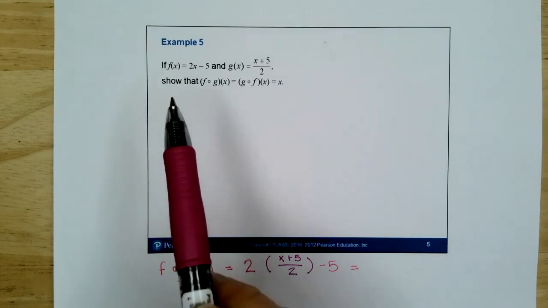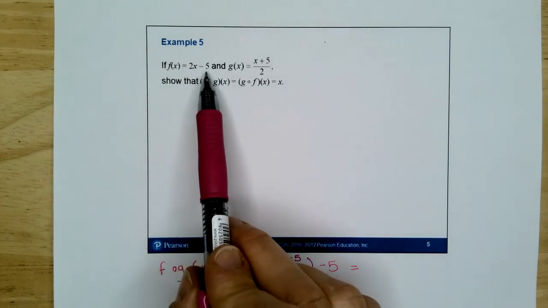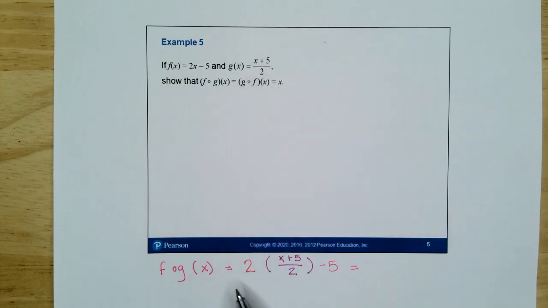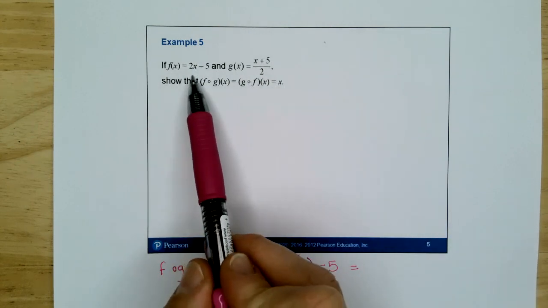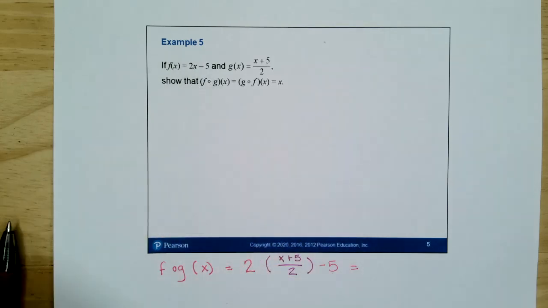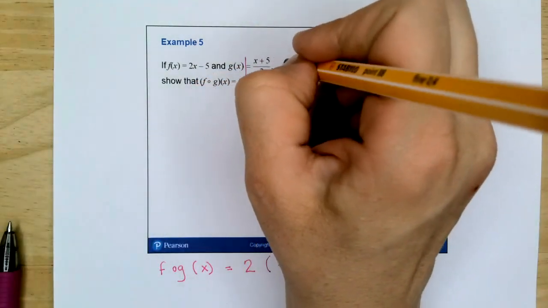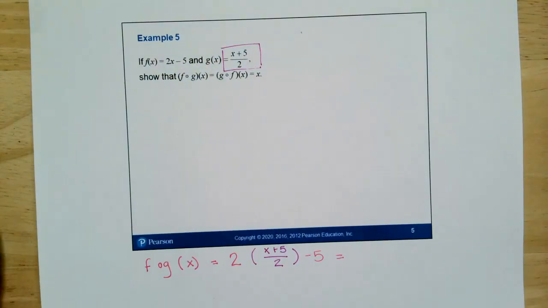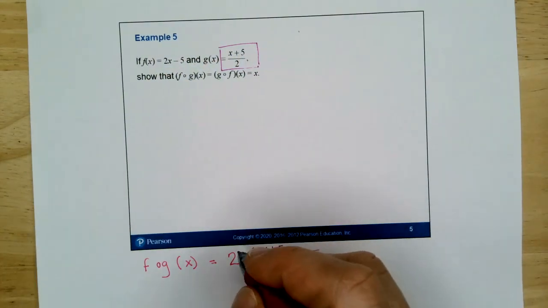So I took f, 2x minus 5, and I substituted in x plus 5 over 2 for the x. That went there, right? Now let's simplify it.